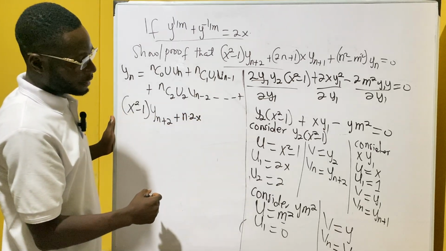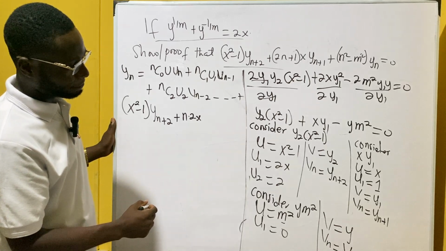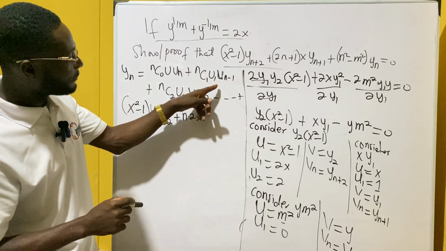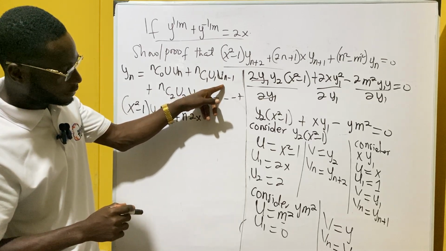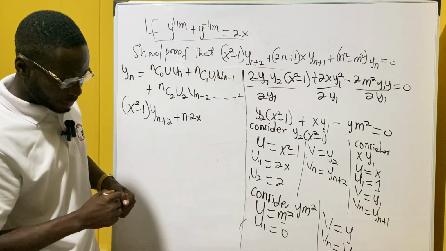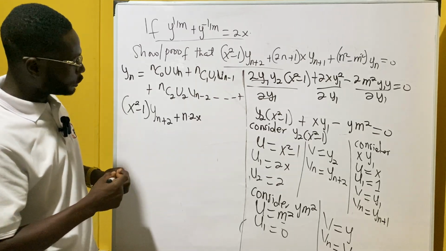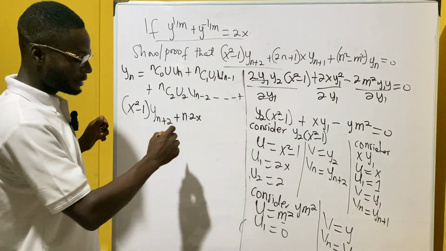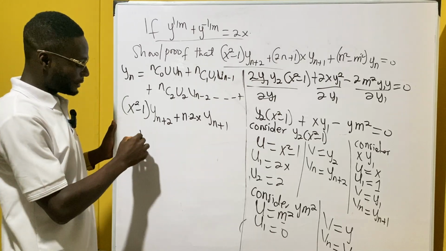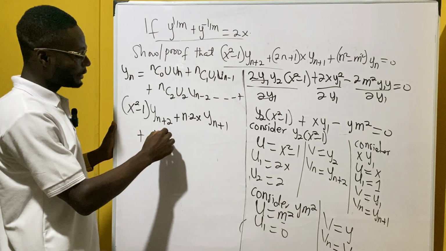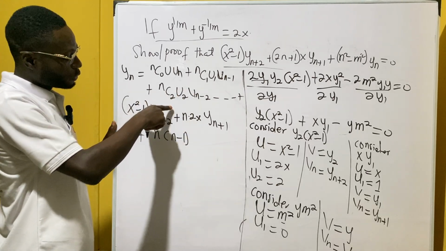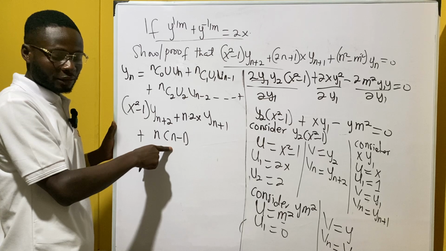So we have 2n, then we have vn minus 1, right? And that is going to be 2nx yn plus 1 plus n into n minus 1. You know, n combination 2, that is n into n minus 1, right?